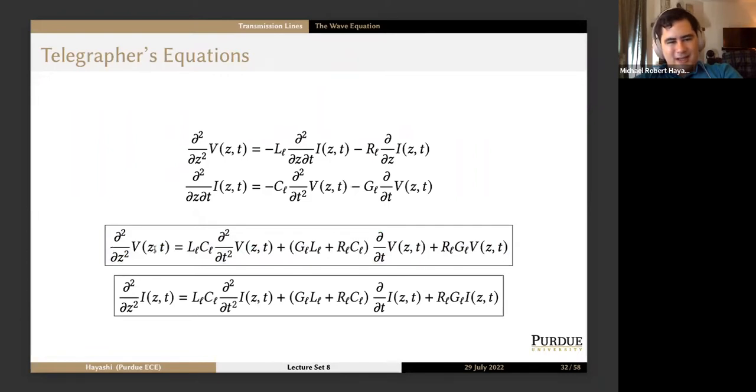where this says how voltage changes with respect to distance equals this relatively complicated relationship of how the voltage changes with respect to time, and current behaves the exact same way. Notice we get something that looks like 1 over the natural frequency squared. We get something that looks like the sum of time constants, and we get something that looks like just 1 over meter squared, because R and G have canceling units, but remember they're per meter.